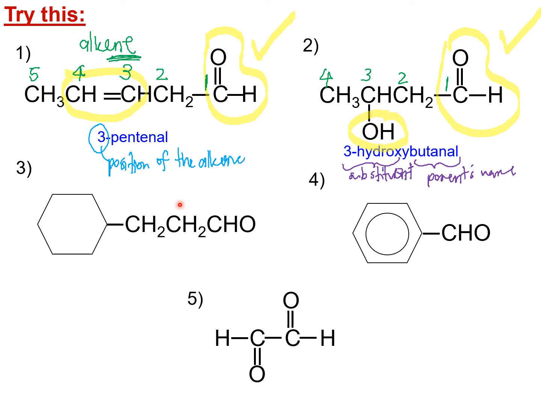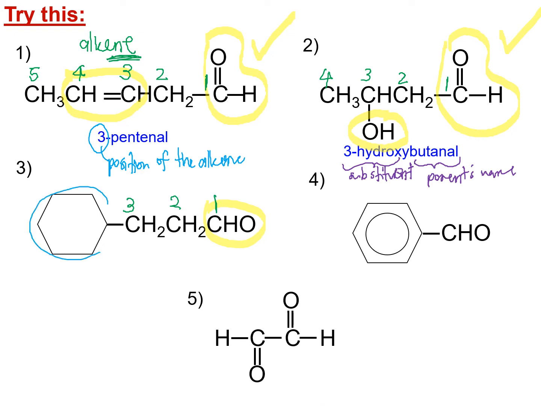Alright, next you can see here again, we can identify the functional group present in this organic compound. So this will be carbon number 1, this will be carbon number 2 and this will be carbon number 3. At carbon number 3 we can see there is a cyclohexane substituent. When cyclohexane becomes a substituent, how do you name it?